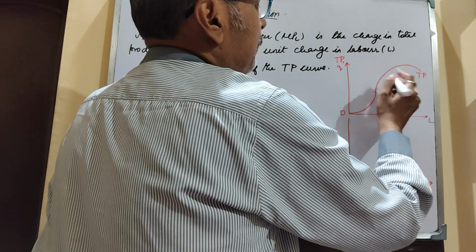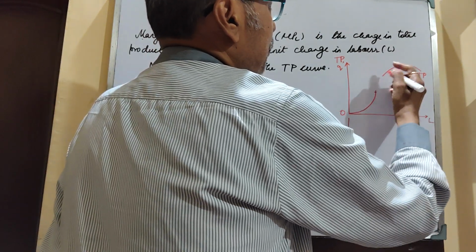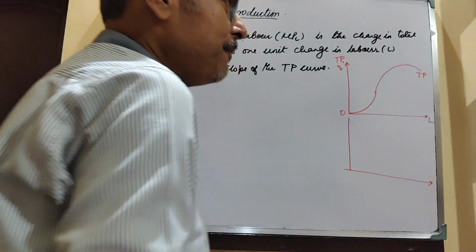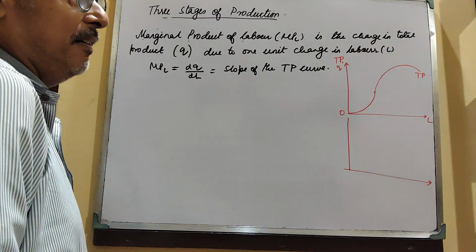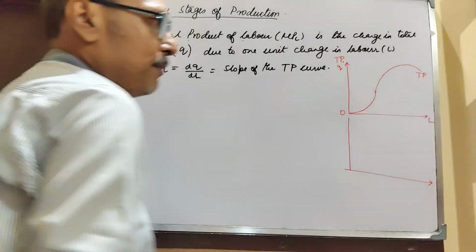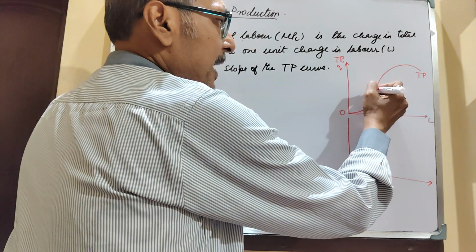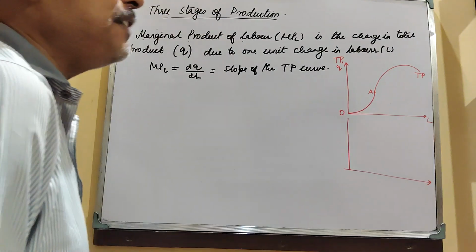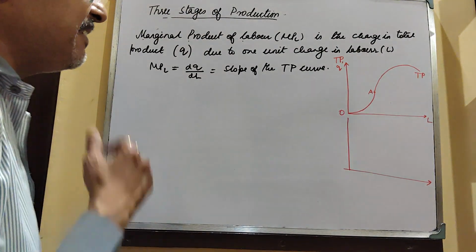This is a point of inflection. What is the point of inflection? Where the TP curve changes its curvature. From 0 to point A, TP curve increases at increasing rate.